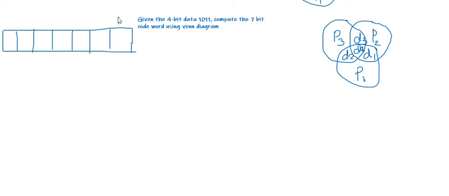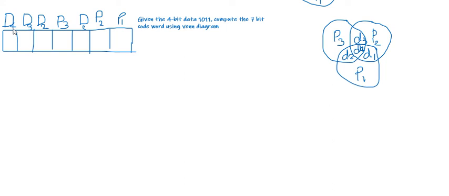So as I mentioned, this is your parity bit 1, this is your parity bit 2, and this is your data bit 1, and this is your parity bit 3, and the remaining data bits D2, D3, and the last one of course D4.